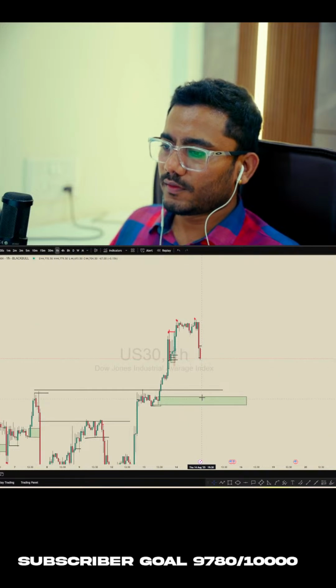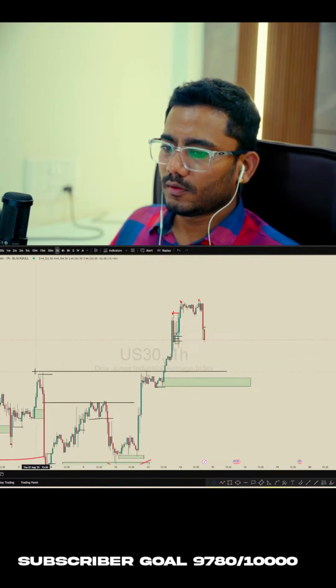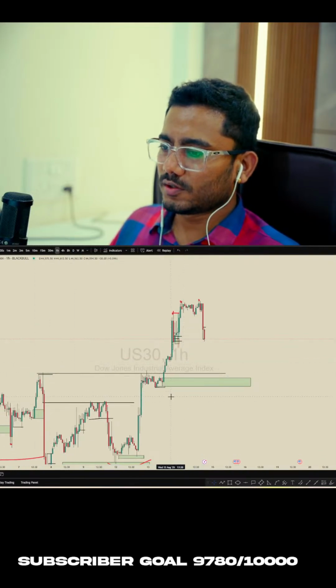So we have this sort of block on US30. Break of structure, imbalance, this mitigation from yesterday.